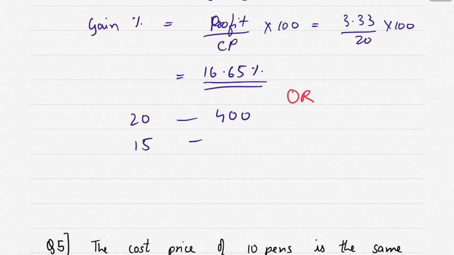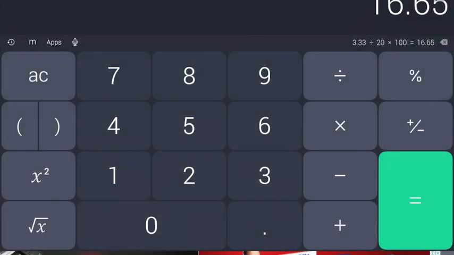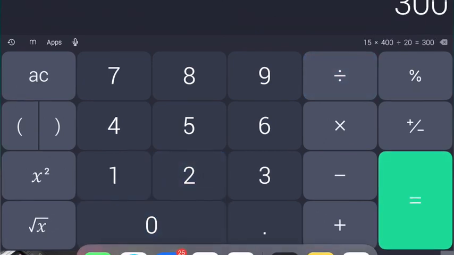So cost of 15 toys is how much? Calculate. 15 into 400 divided by 20, which comes to 300.